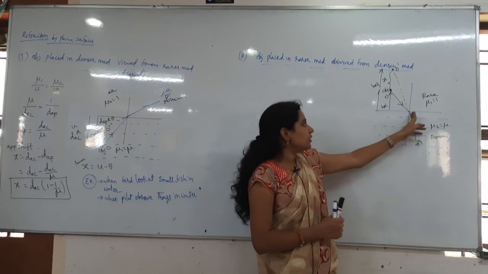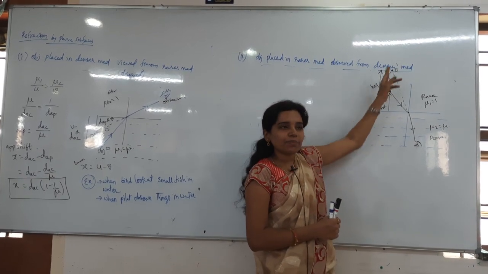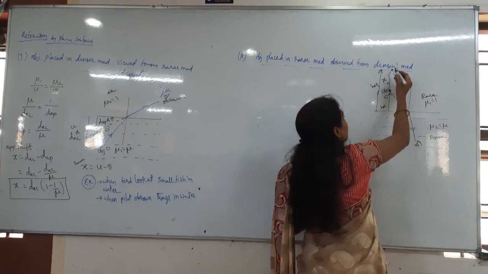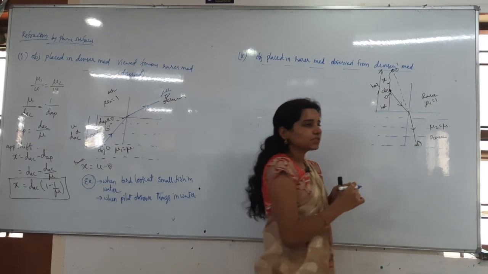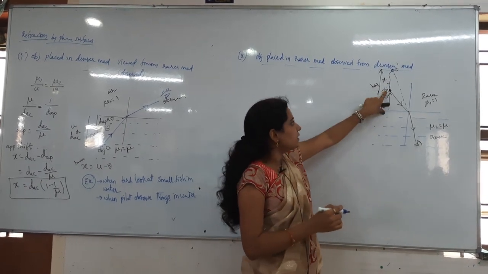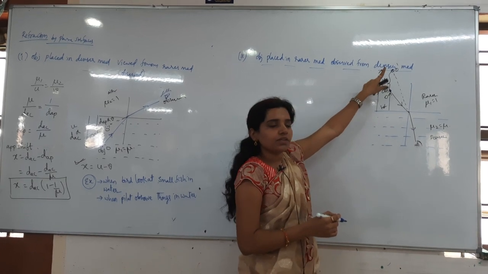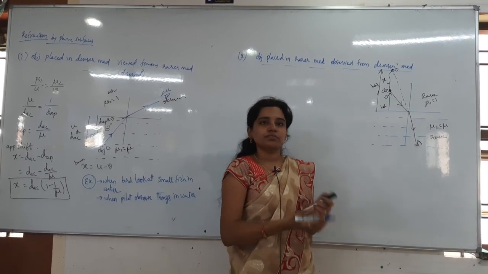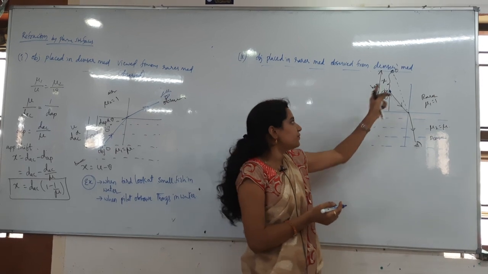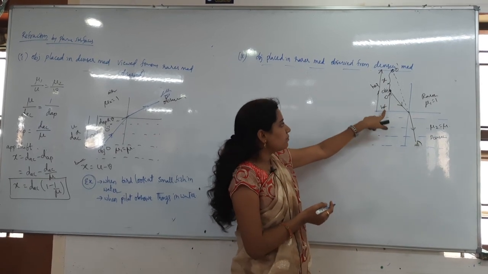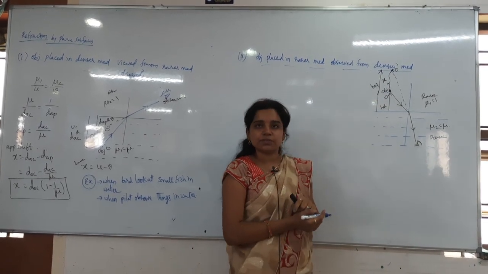Now I extend in the other direction, and I can observe the object here, that is O dash. This is the original height, this is the apparent height. The difference between them is known as the shift. That shift is the apparent height minus the original height.